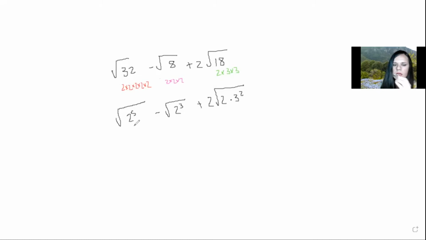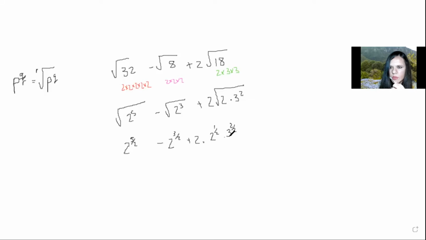If I've got this, 2 to the power of 5, and I want to write it using the exponent laws, that tells me that p to the power of q over r is also the rth root of p to the q. I can write this as 2 to the power of 5 over 2, minus 2 to the power of 3 over 2, plus 2 times 2 to the power of 1 over 2 times 3 to the power of 2 over 2.